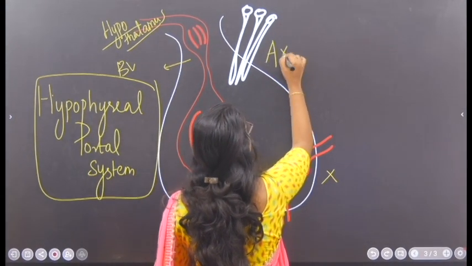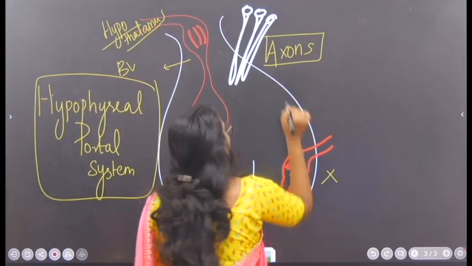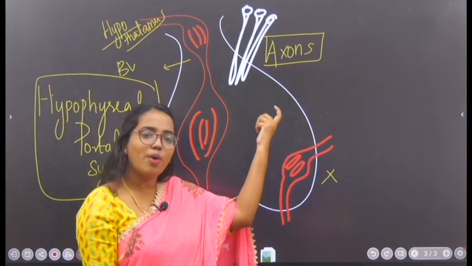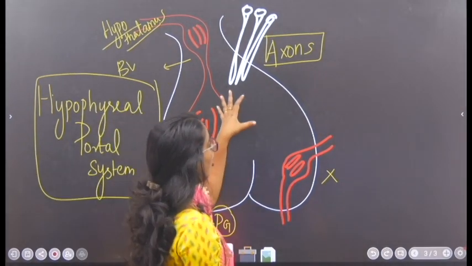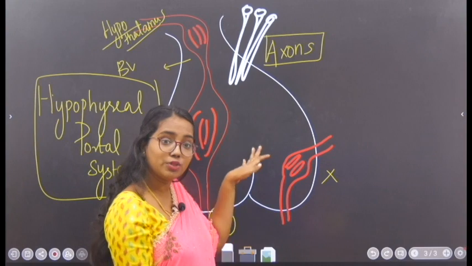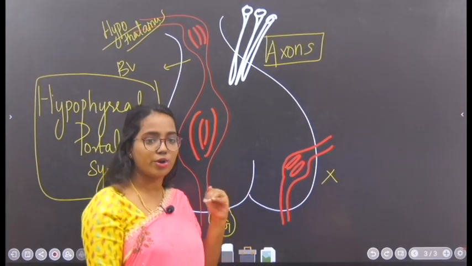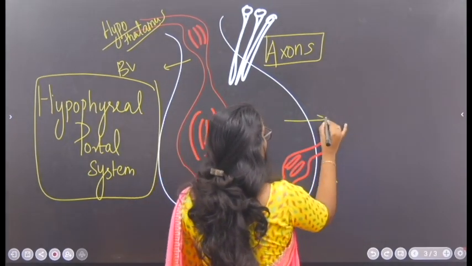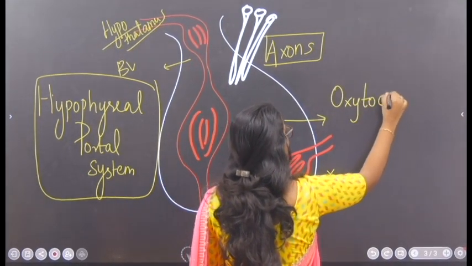The posterior lobe is connected through axons. Very important: it is connected through axons. An axon is a portion of a neuron. Through axons the posterior lobe is connected, and the hormones secreted from the hypothalamus directly enter the posterior lobe of the pituitary. Which hormones? Oxytocin. What is oxytocin?